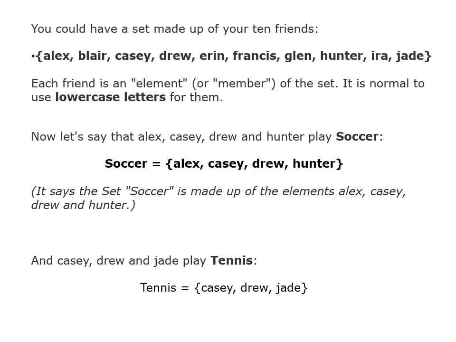And Cassie, Drew, and Jade play tennis. So tennis is equal to the set of Cassie, Drew, and Jade. Take note that since this is the list of your friends, it will be your universal set. This is your first set. This is your second set.